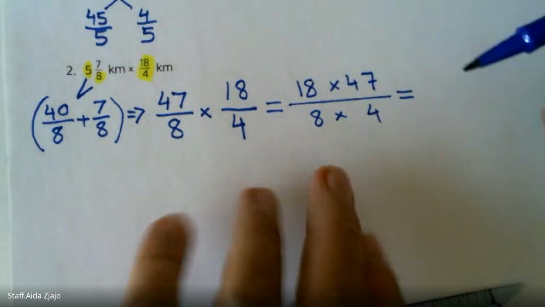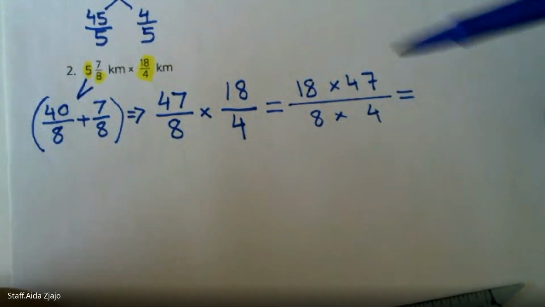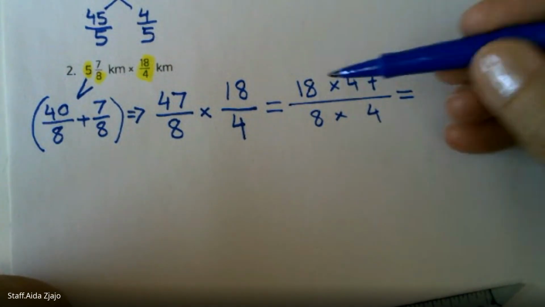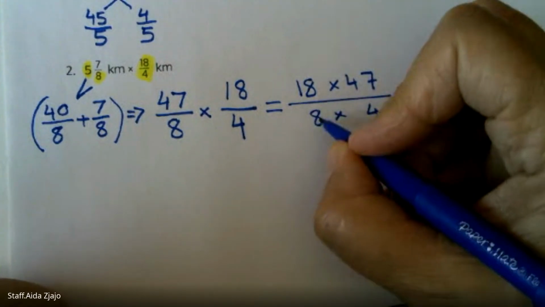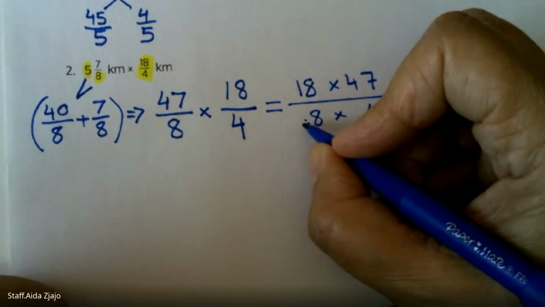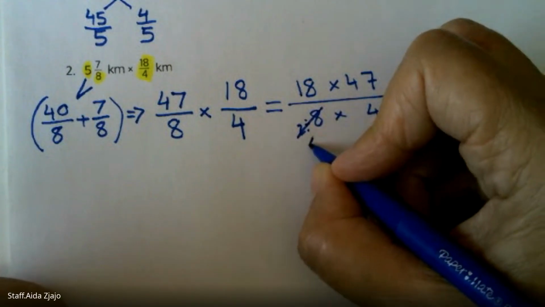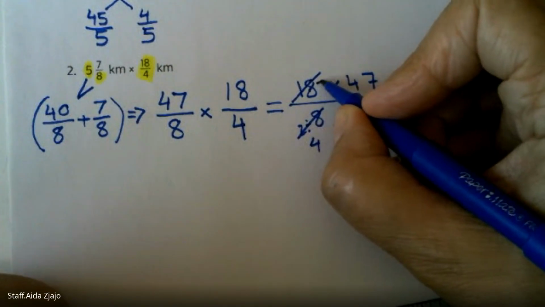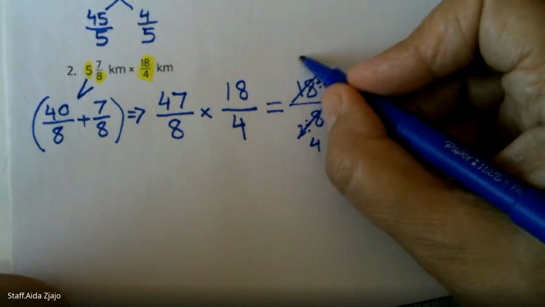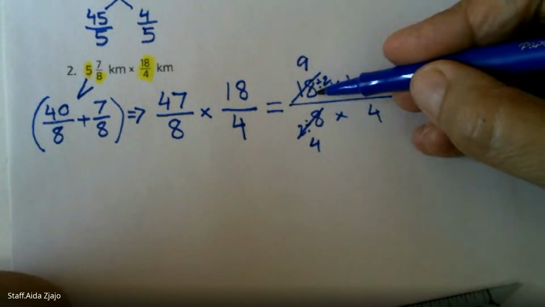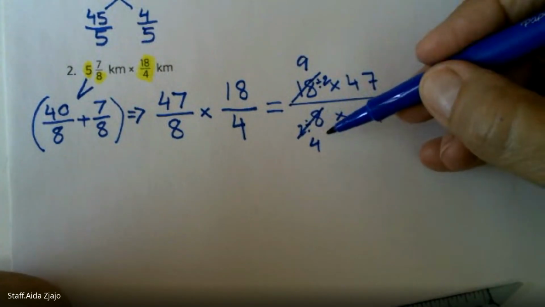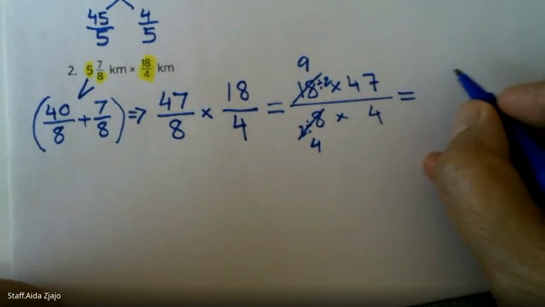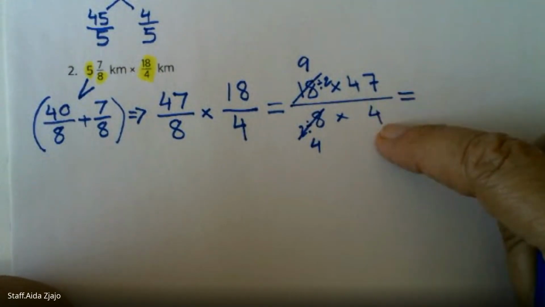So if you divide 8 by 2, you get 4, and if you divide 18 by 2, you get 9, because 2 times 9 is 18, and 4 times 2 is 8.